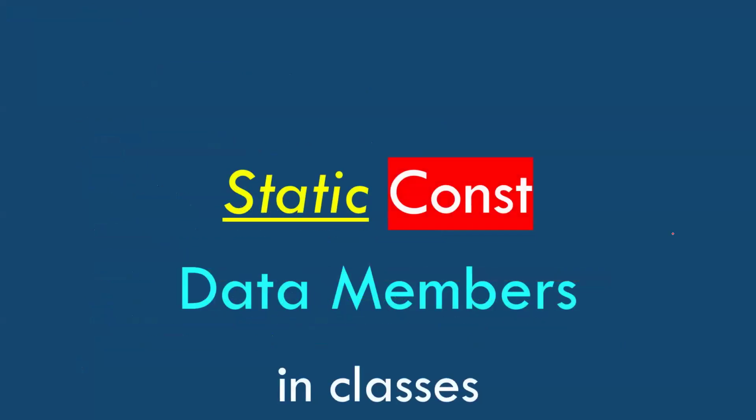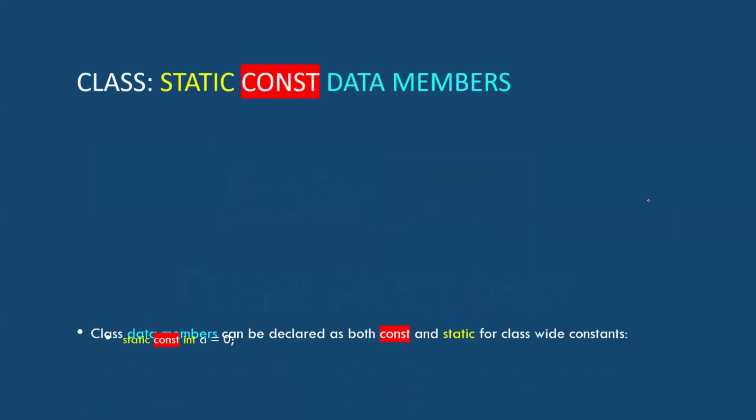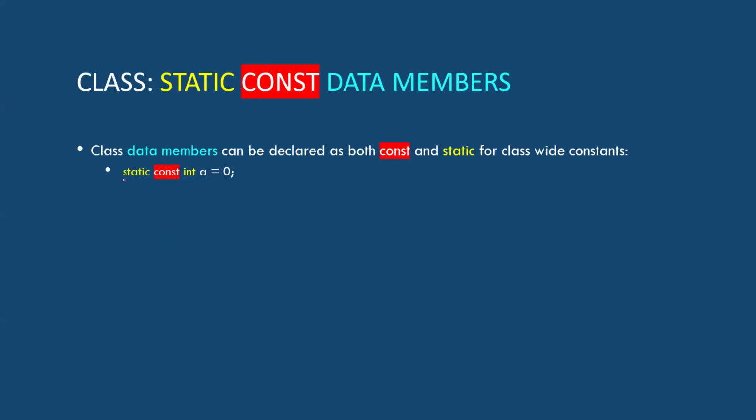Okay. And then the one other strange animal is called a static const data member. Okay. So back to the data members briefly. When it's static const, we can initialize it in line. And this is a little bit like that constexpr that we were talking about a few moments ago.